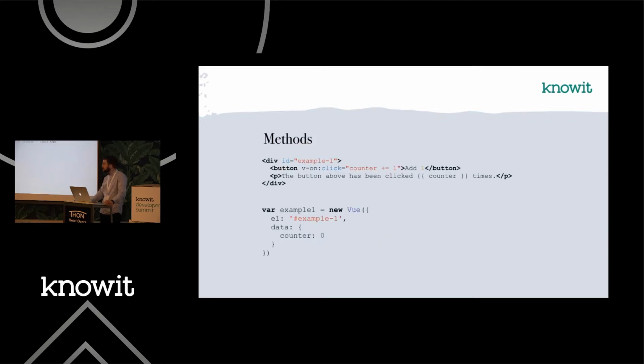We have methods. This is where we can use the v-on directive to listen to DOM events and run some JavaScript when it's triggered. So you have the v-on:click, then you just add the expression inside the click, which just says counter += 1, and then it counts up every time you click it.